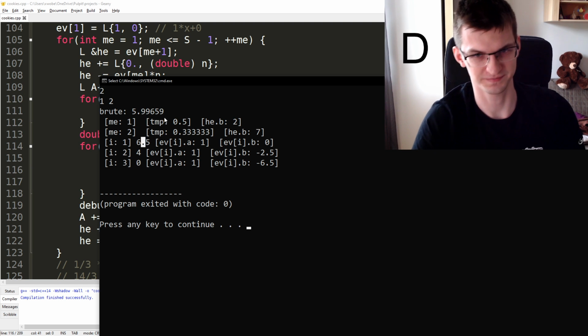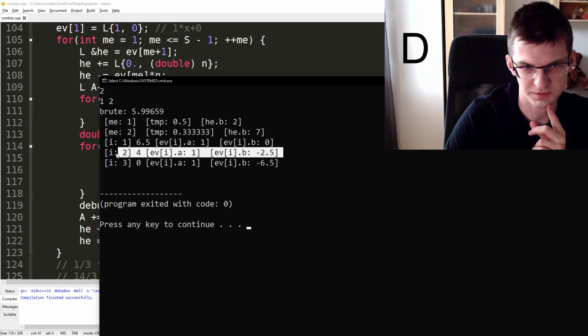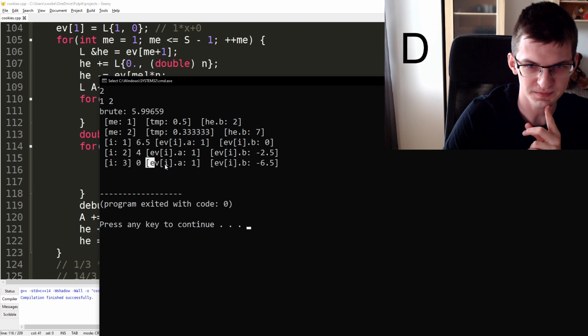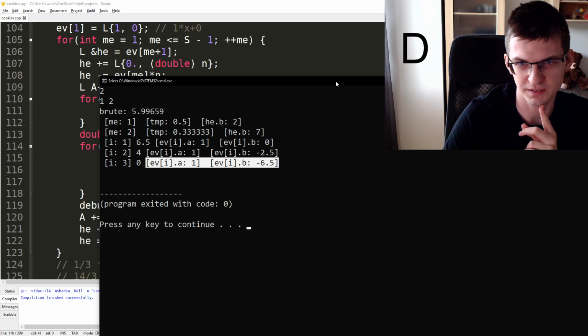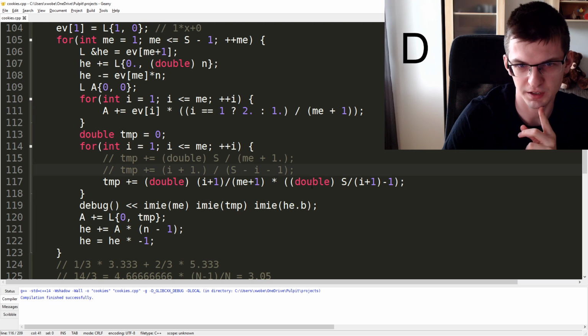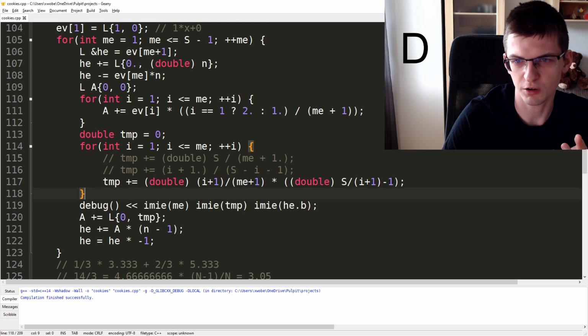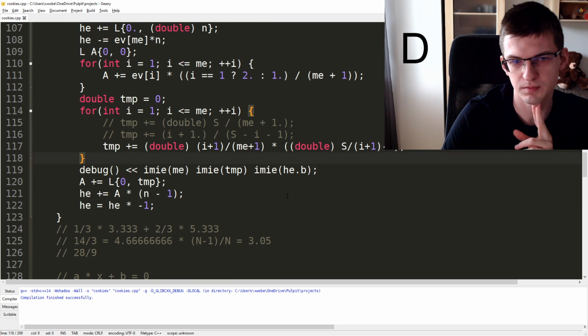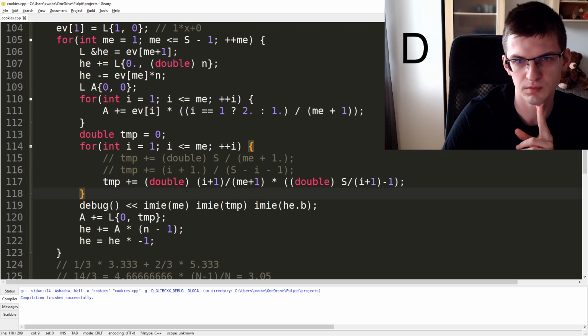I'm closer, but this was fine. Now let's compute the next term, I guess. Let's see, maybe I have another mistake like that. Why did I put brackets here? Oh, because of -1. This is double, I don't need to cast.